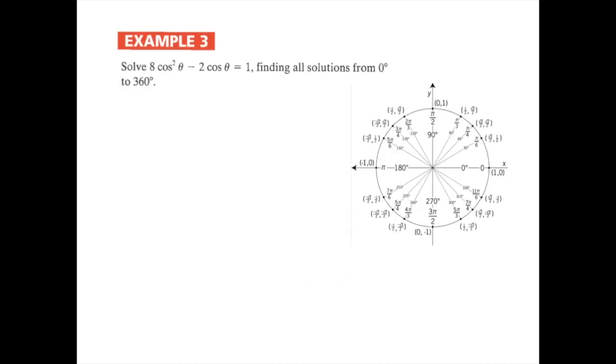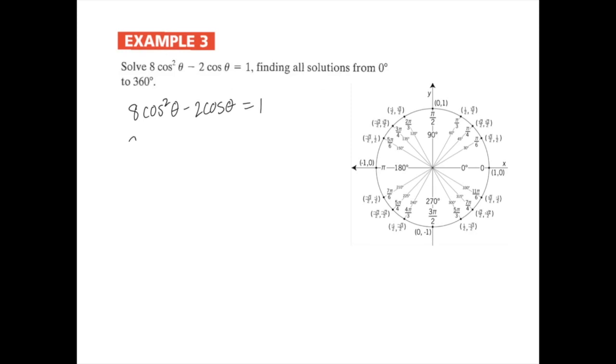Our third example is probably the trickiest, both for solving and finding our values on the unit circle. So I'm going to go ahead and copy this down, and you'll notice that we actually have a cosine squared term and a cosine term in this problem, which, if you think about that, mimics a quadratic equation like we might have seen in the past, where we have a squared term and a non-squared term.